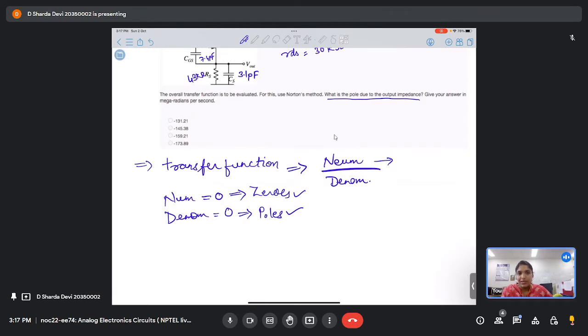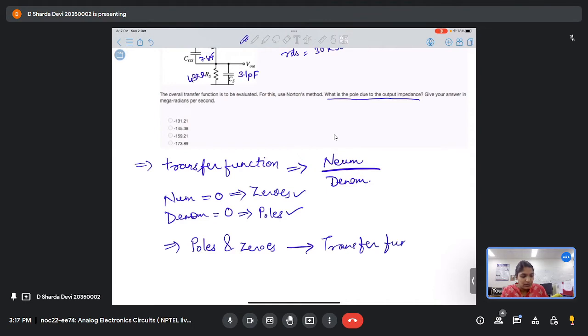So first idea is, rather than go on solving the transfer function and getting your transfer function in this numerator and denominator form, then finding the poles and zeros, what we are gonna do is we are going in opposite direction. So firstly we'll find poles and zeros, and then from there we can build the transfer function.